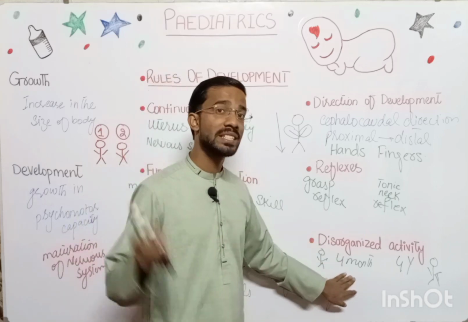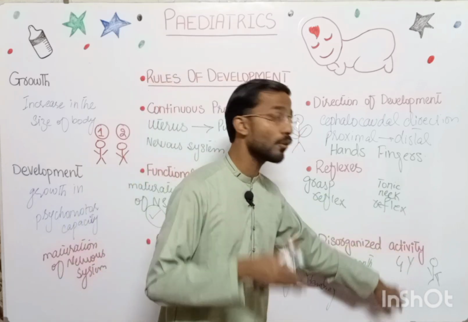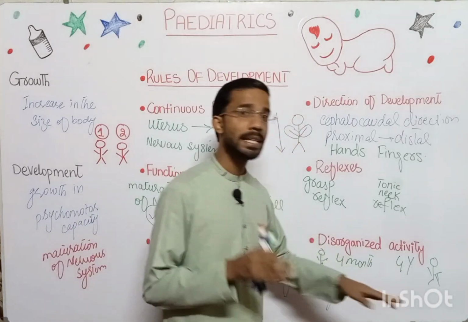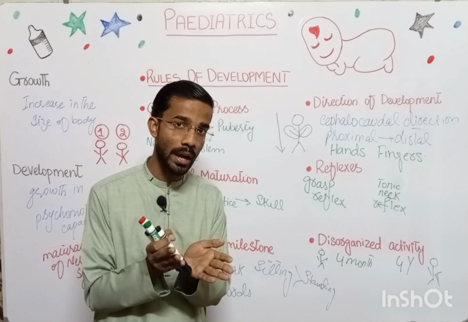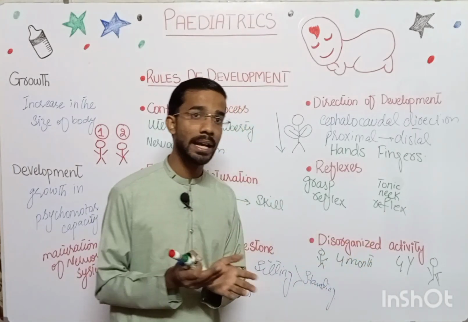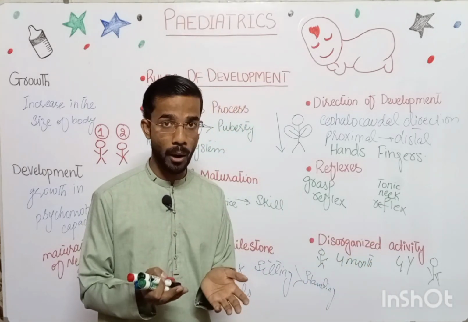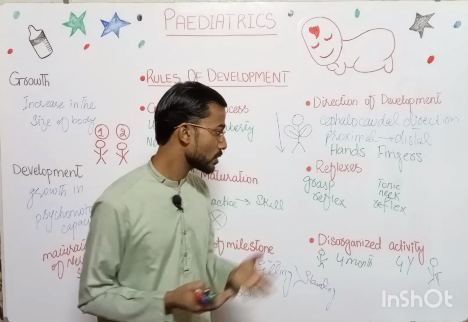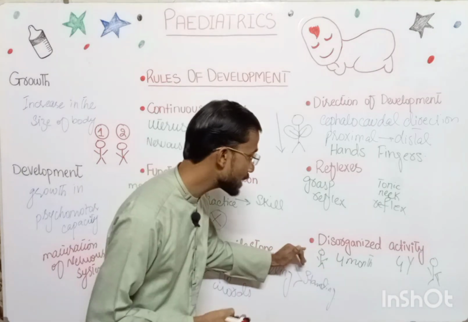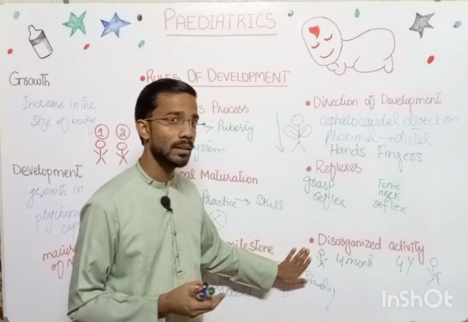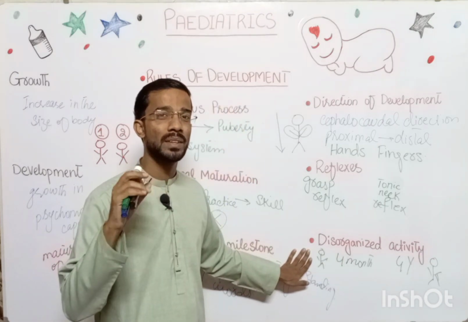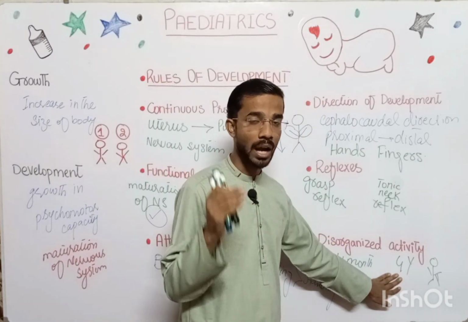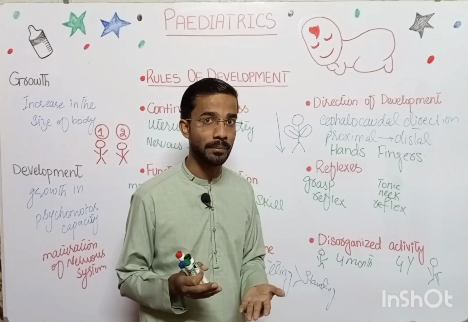But if the same toy is shown to the 4-year-old child, then he sees the toy and he smiles and asks about it, what toy it is. So this is basically the difference. In that situation, the 4-month-old child does some immature activity, but the 4-year-old child does some mature activity.